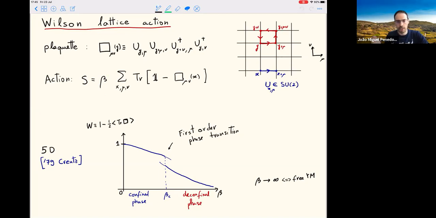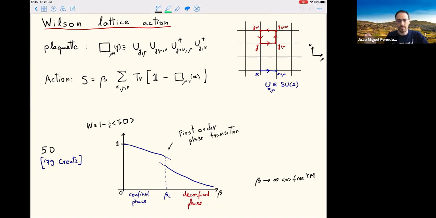Clearly, as you go to very large beta, which corresponds to weak coupling in the g-squared notation, you go to this deconfined phase. So here you know that you will be in the free Yang-Mills phase. And when you go to small beta, you can call that a confined phase.